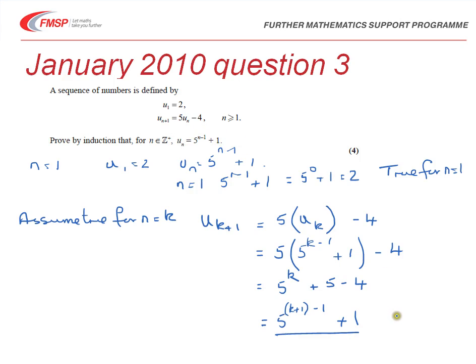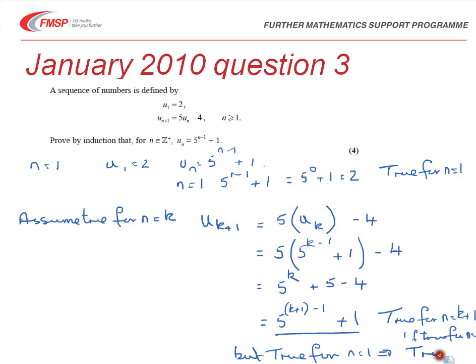So it's true if it's true for n equal to k. But we know it's true for n equal to 1. So therefore it's true for all n which are positive integers.